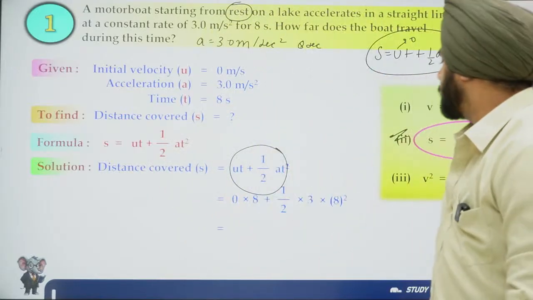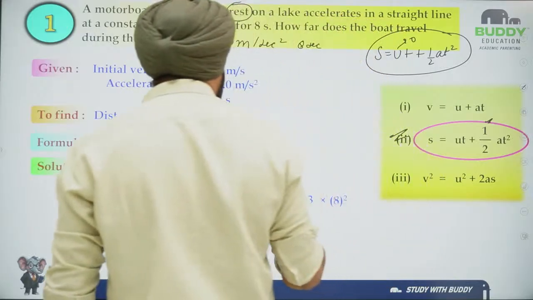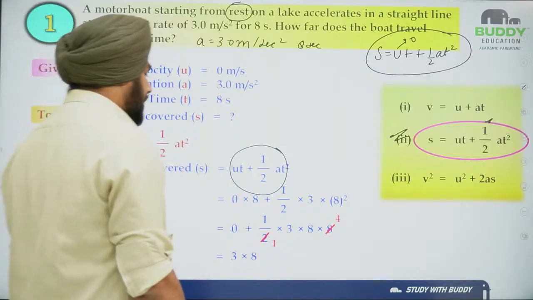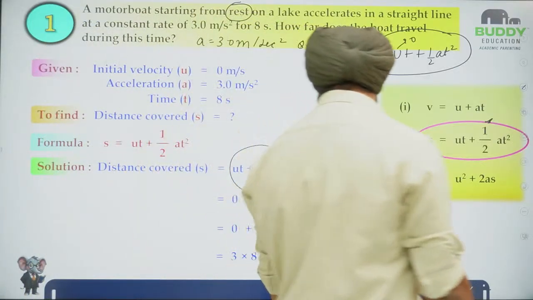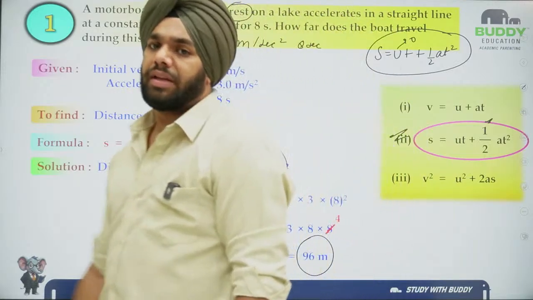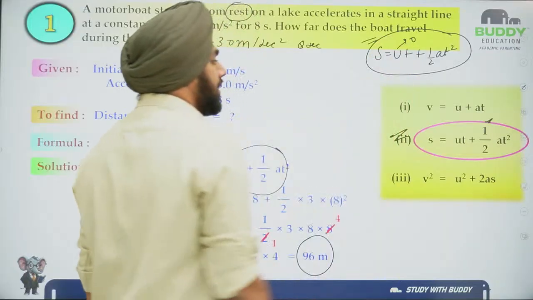Simply solve it: half into 3 into 64. Simplify it and you will get the distance covered, that is 96 meter. I have already told you that you can use this very simple formula, S is equal to ut plus half at square.